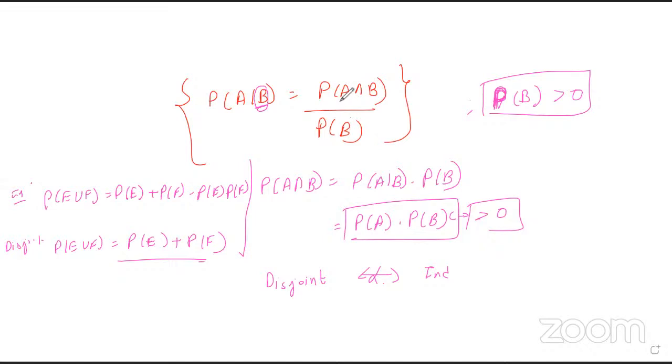So the probability of a null event is 0. So if you multiply the probability of a null event with any other event, you'll get 0. So a null event is dependent on all the events. Yeah, dependent on all the events.